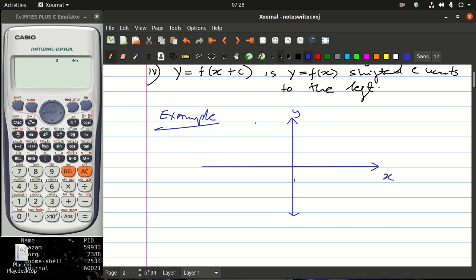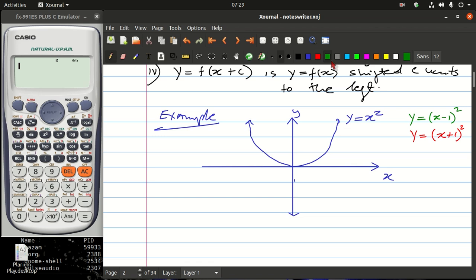And I'm still going to use the same curve for this particular example. I have this curve here, and this is y is equal to x squared. And then now I want us to find y is equal to x minus 1 squared, and also y is equal to x plus 1 squared.